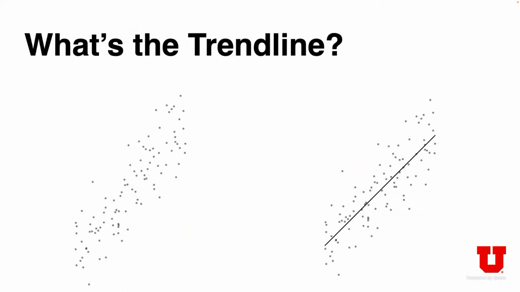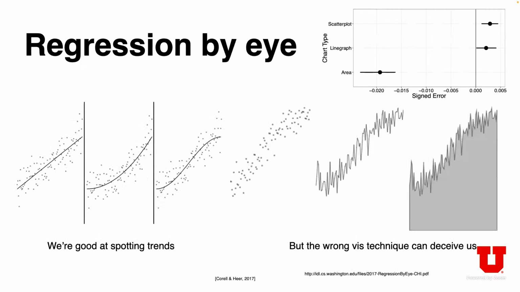A similar thing is happening with people estimating trend lines in, for example, scatter plots. So given random points, we can trace this imaginary regression line through them.